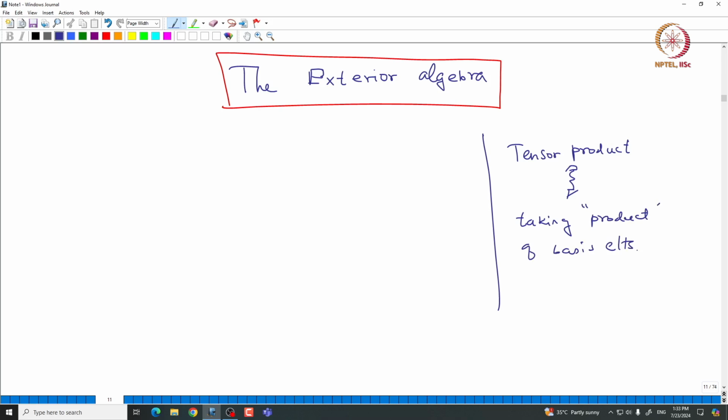In a more abstract way, we are taking monomials in the basis elements V1 etc. Vn, where the Vi's don't satisfy any relations.